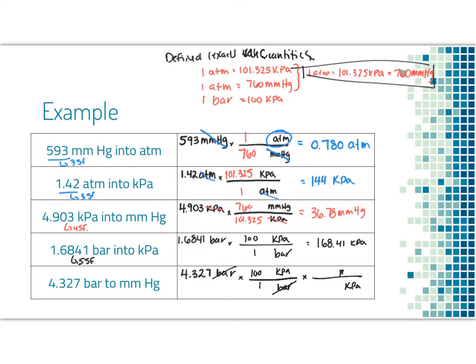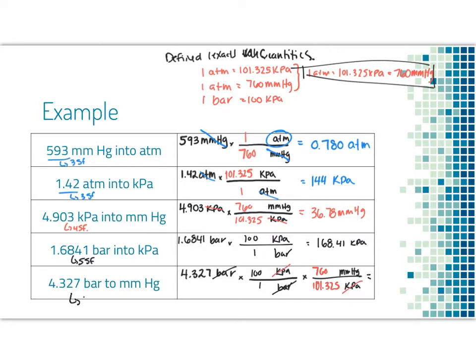kPa into millimeters of mercury. Again, you could have, at this step, gone from kPa to atmospheres using this conversion, and then atmospheres to millimeters of mercury using this conversion. Up to you. So there are 760 millimeters of mercury and 101.325 kPa. Units of kPa cancel.